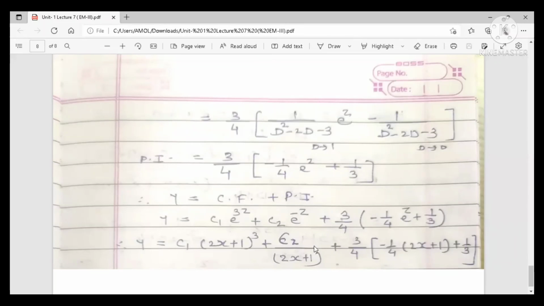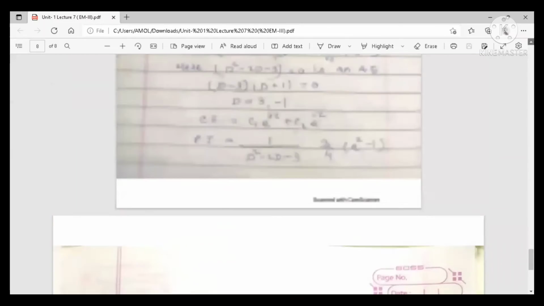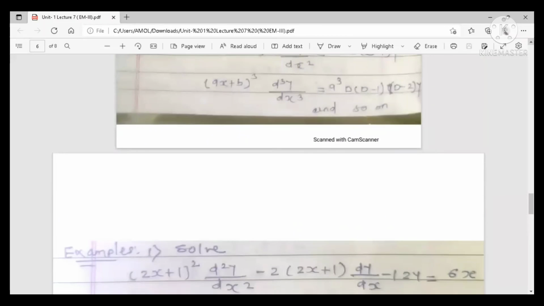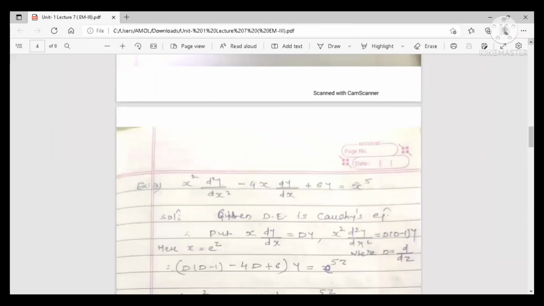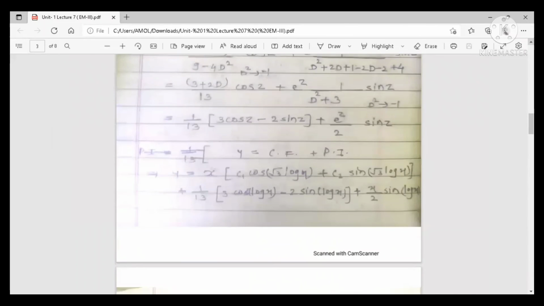Similarly, you have to replace the terms of z by the substitution, in terms of x. In Cauchy's equation also, we have solved one example. In that equation also you have to replace at the end.